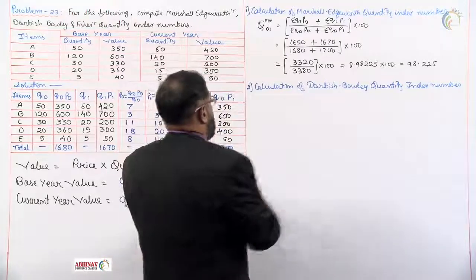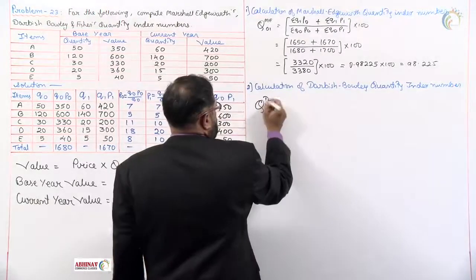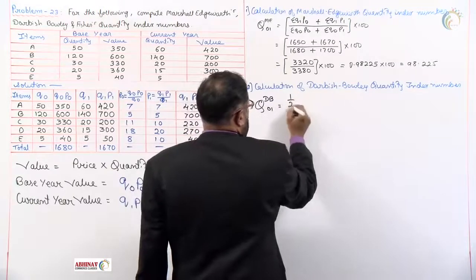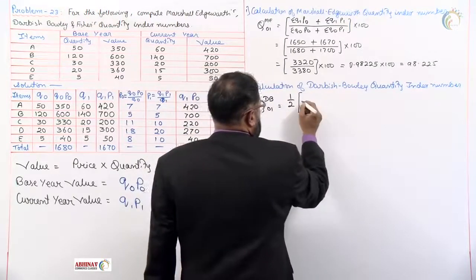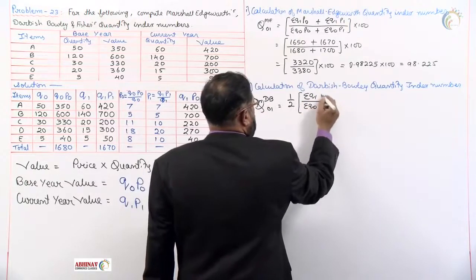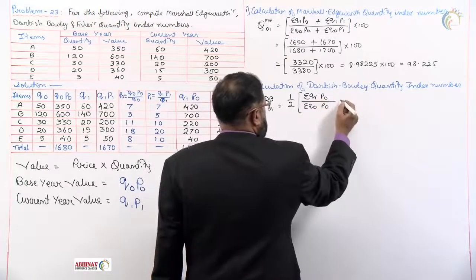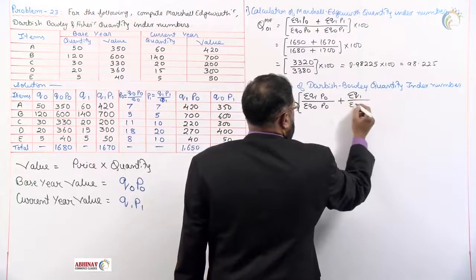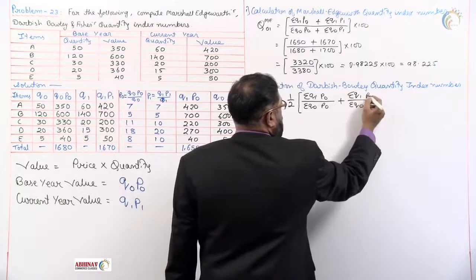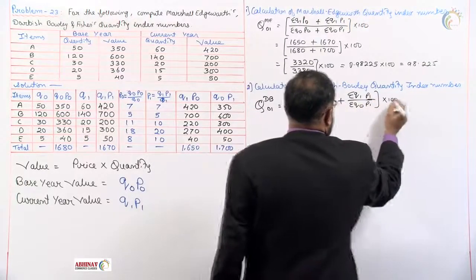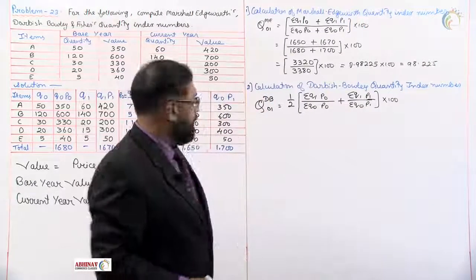Now the formula for Dorbish-Bowley: Q01 is equal to half of Q1 divided by Q0 multiplied with the price of the base year, plus Q1 divided by Q0 multiplied with the price of the current year. This into 100.